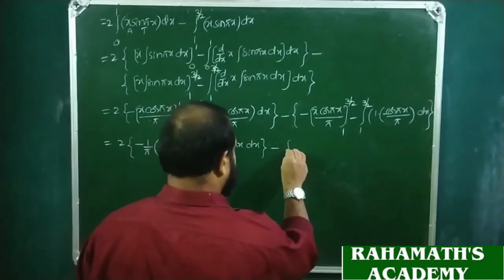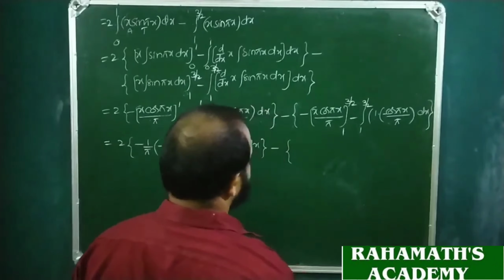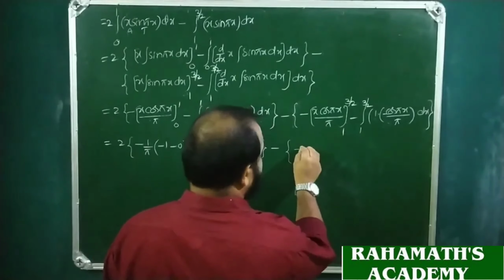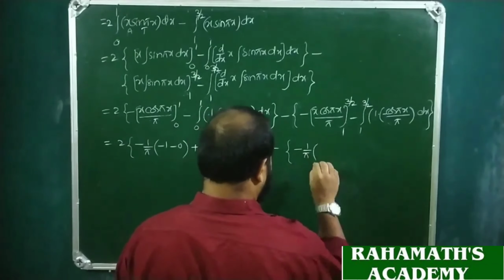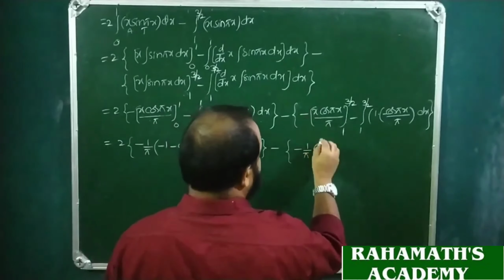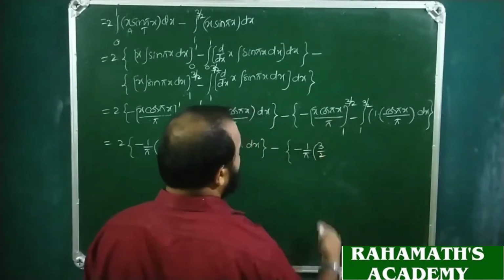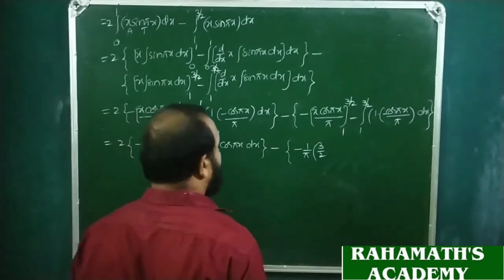Minus integral. So this is minus 1 by pi. You separate it from the process of integration. This is 3 by 2, cos pi into 3 by 2, cos 3 pi by 2.